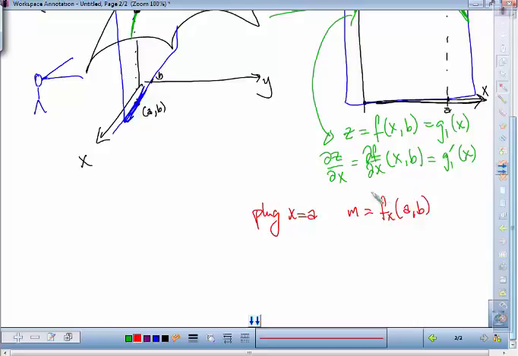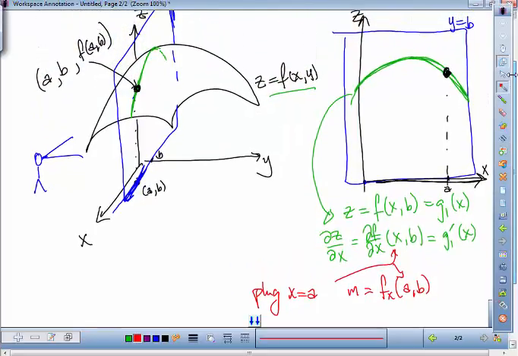So that's when you plug in a after you've taken the derivative with respect to x. So that's a slope. Okay?